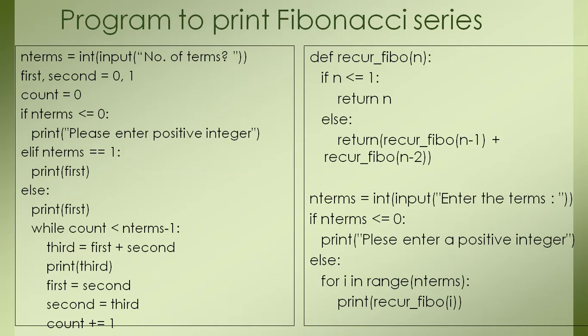So in the iterative approach, this line in the while loop gives you the basic idea of this Fibonacci series, third is equal to first plus second, whereas in the recursive approach you have to call that recursive function of Fibonacci series with values n minus 1 and n minus 2. The input is same. So this is how you generate the Fibonacci series using recursion and iteration.